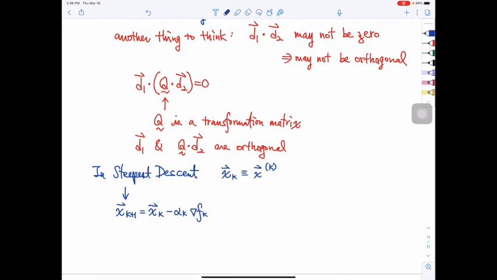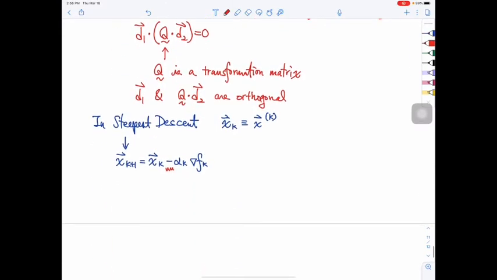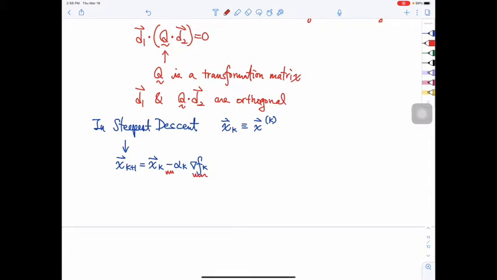And let's rewrite this in the way we want to do it for steepest descent. So we rename this as our positive dk. So at the end, we have x k plus alpha k dk, and of course it's a vector dk right here. Okay, we rewrite steepest descent in this way.